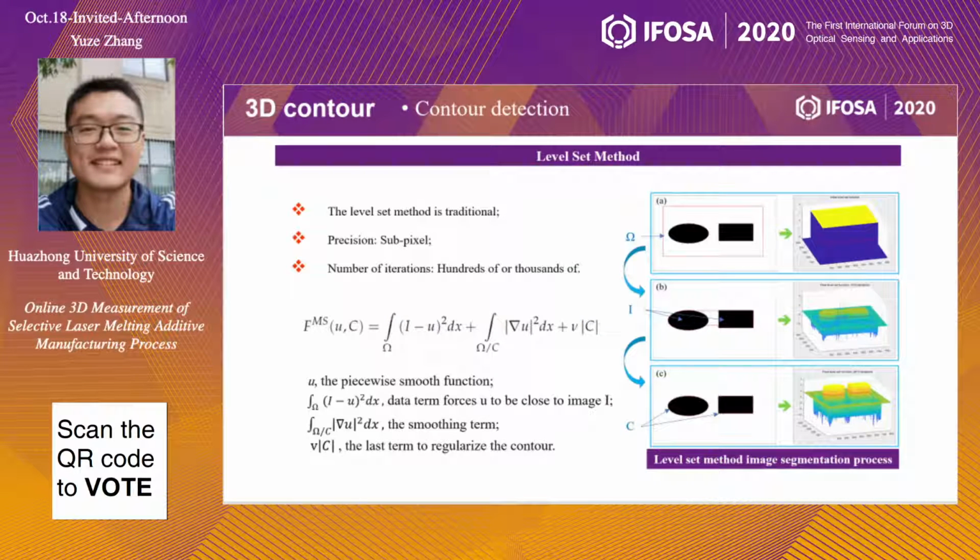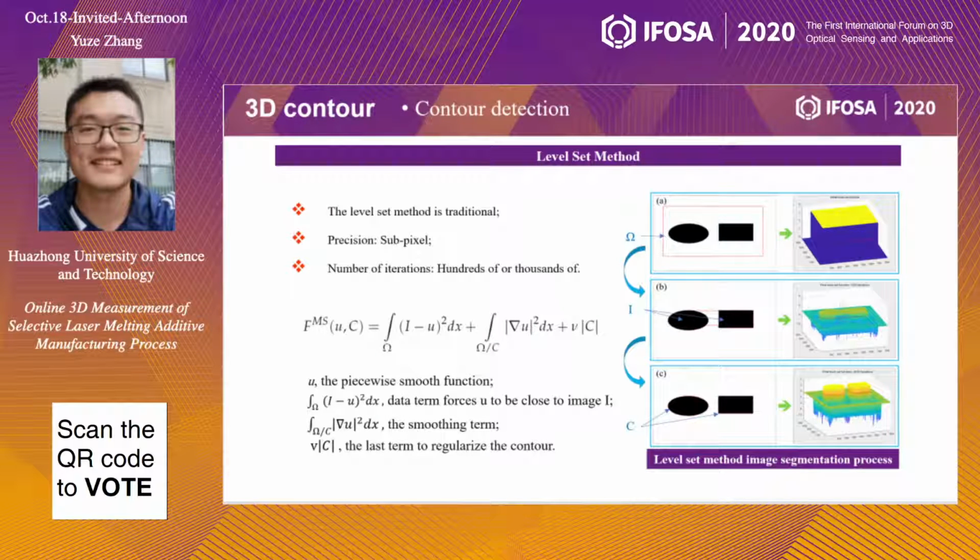Contour detection is a basic task in image processing, and it has been dealt with from many different ways. The level set is one of these traditional methods. The main process of this method is to force an initial contour omega to be close to the image edge. Its precision can reach some pixel.